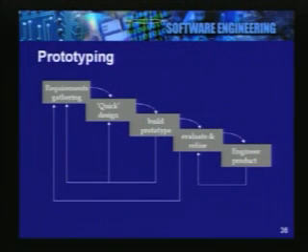So, here is the diagram which illustrates possible steps in the prototyping model. We start by quickly gathering the requirements, then focus on those which are not clear and which need to be experimented. Then we do a quick design, we build a prototype.